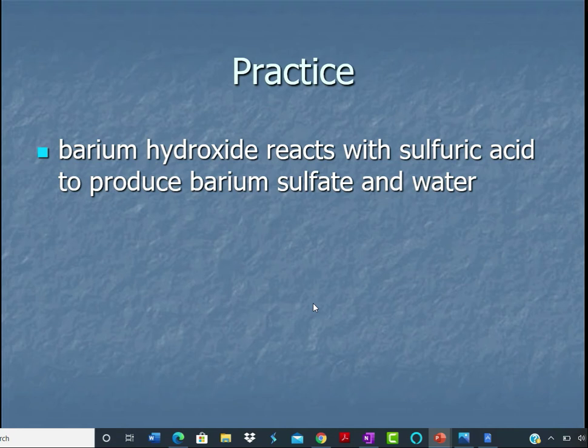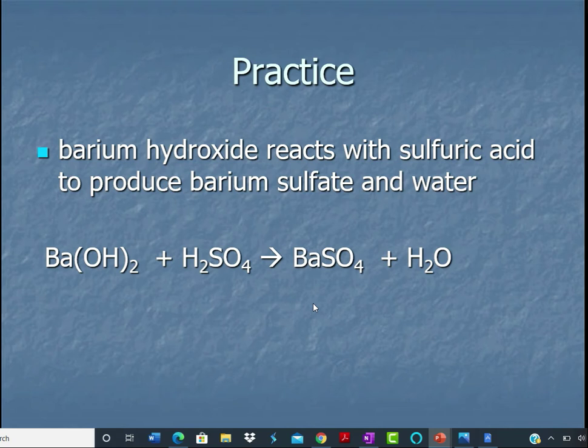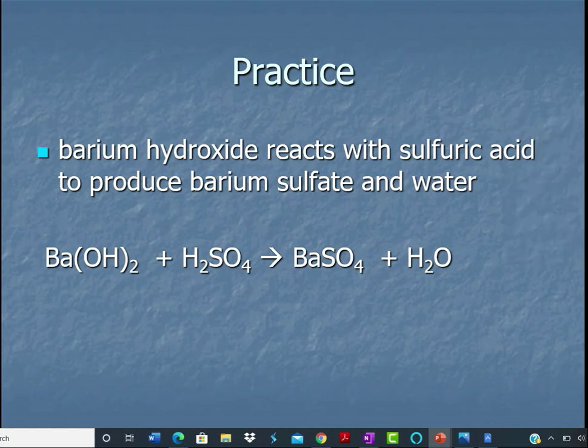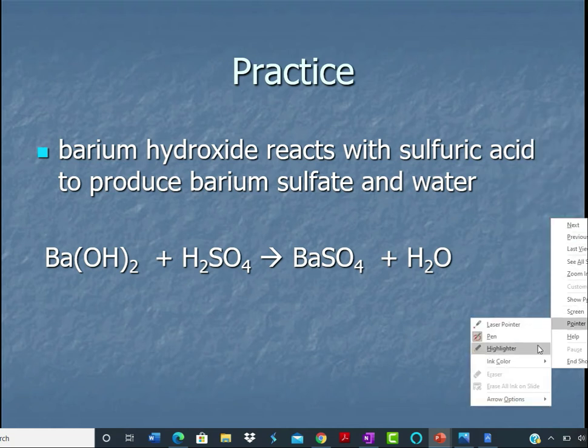So how did you do? Did you get barium hydroxide, sulfuric acid, barium sulfate, and water? And the reason why these are like this, if I can get my mouse to work, go back to this pointer, and I don't like red, so I'm going to go to a brighter color, yellow or white.